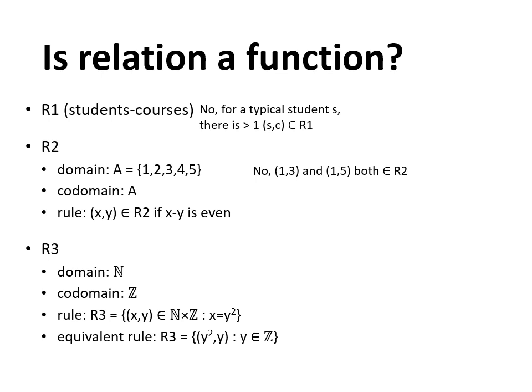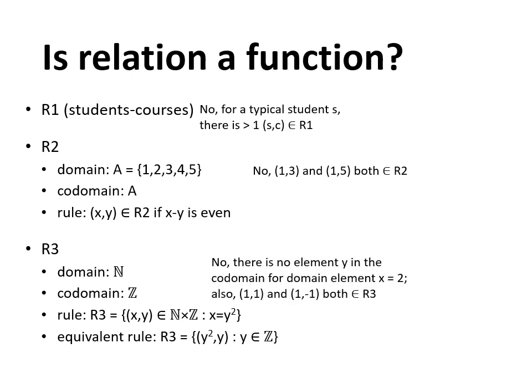Let's look at R3. Domain is N, codomain is Z. The rule is that the relation R3 is equal to a set of pairs (x, y) such that x is equal to y squared. So is this relation a function?